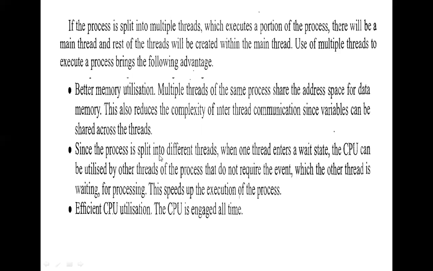Second, since the process is split into different threads, when one thread enters a wait state, the CPU can be utilized by other threads of the process that do not require the event which the other thread is waiting for. This speeds up the execution of the process. And last is efficient CPU utilization. CPU is engaged all the time.